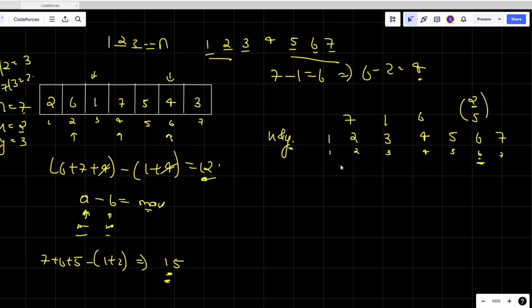This is divisible by x, that is 7 plus 6, minus this is divisible by y, minus 1, and as these indexes were divisible by both, even if I add and subtract them, they are going to get cancelled, so it's of no use. So what will be my answer? My answer is 12.